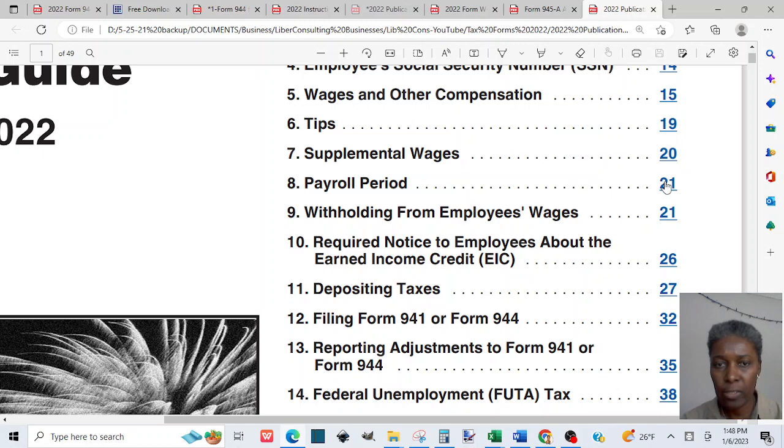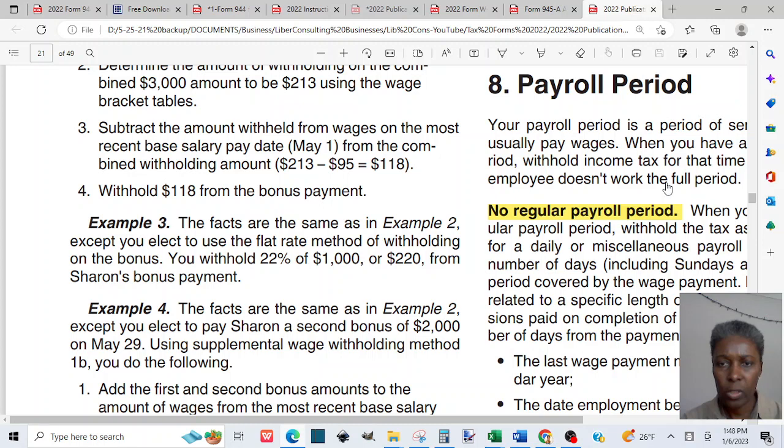That's section 8. So I just went to the beginning of the publication 15. I want to use the reference tab to quickly locate it. But depositing taxes here. Okay, so let's try 21. Okay.